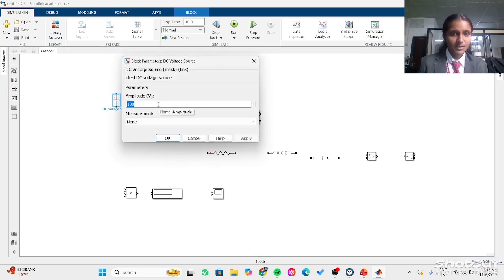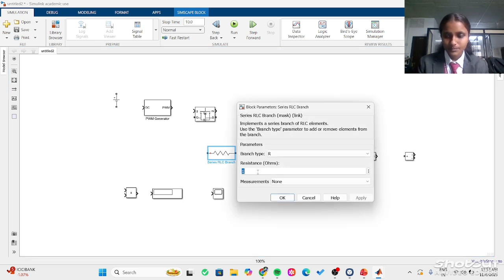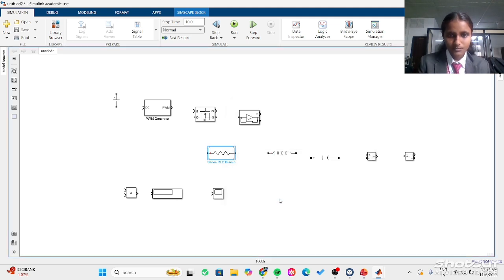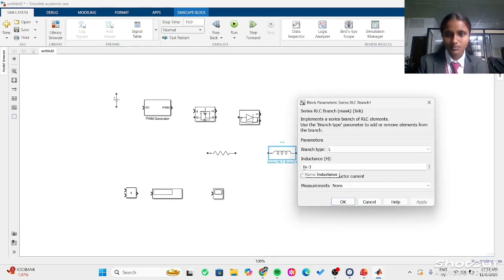The amplitude is 18. For the load resistance, it is 12 ohm, and for the inductance, 45 e-6.